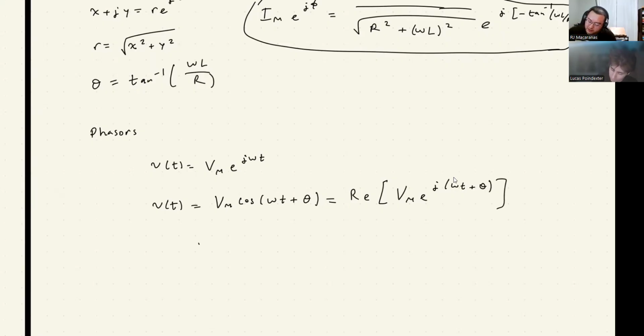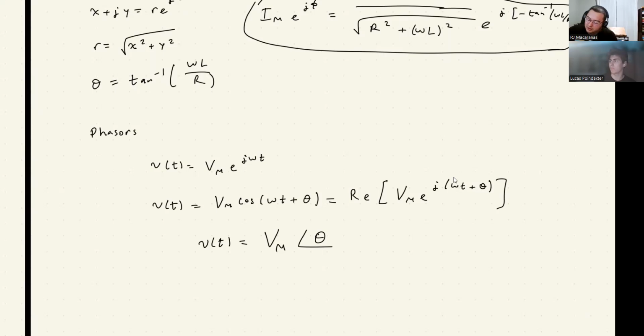And so we can actually write these in what's called the phasor notation here, where we just have the magnitude of our sinusoid at some angle theta.